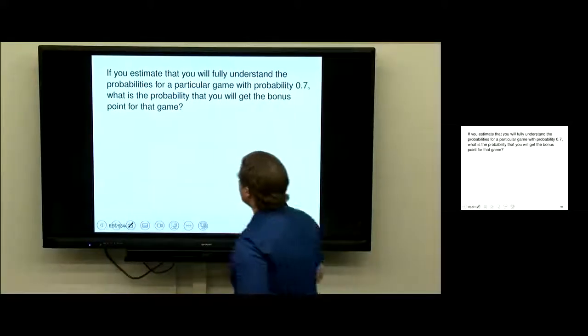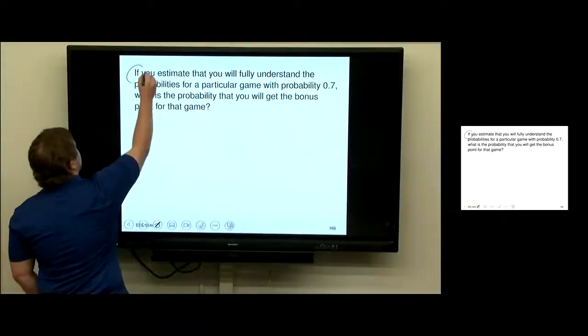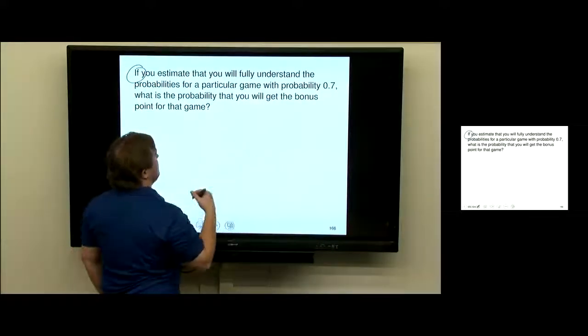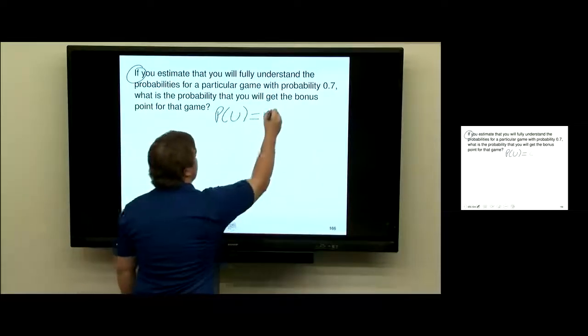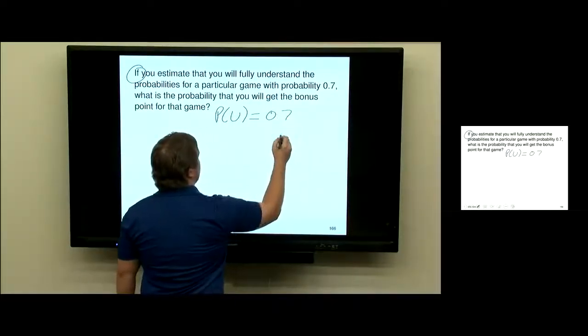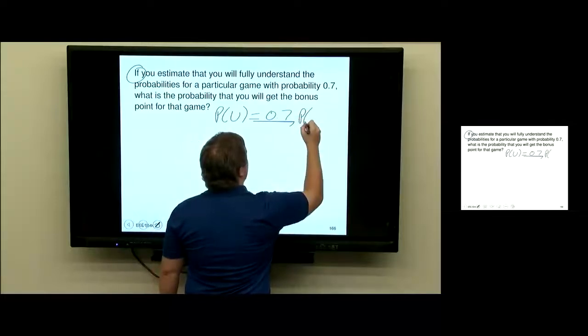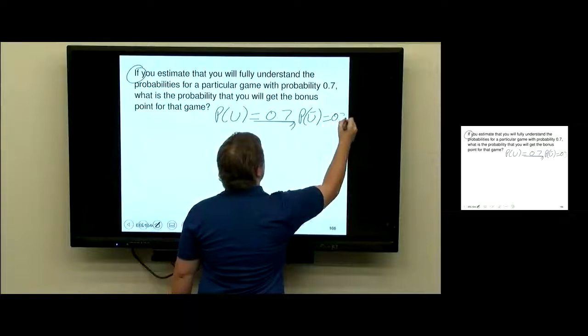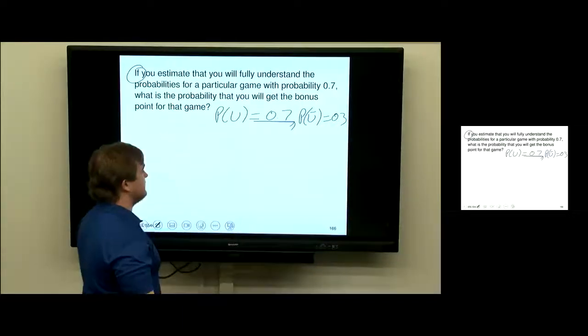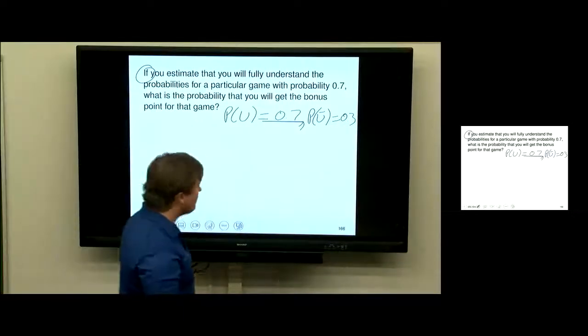And this last statement, another "if", so given that, this is giving us probability of U equals 0.7, which means probability of U bar is equal to 0.3. The complementary event has probability 1 minus probability of U.